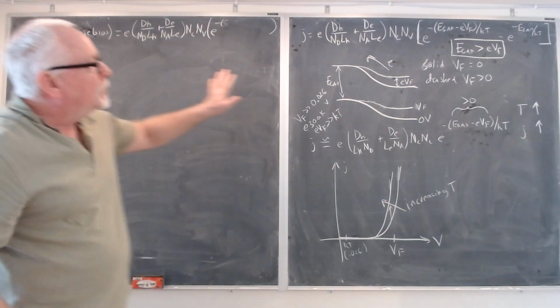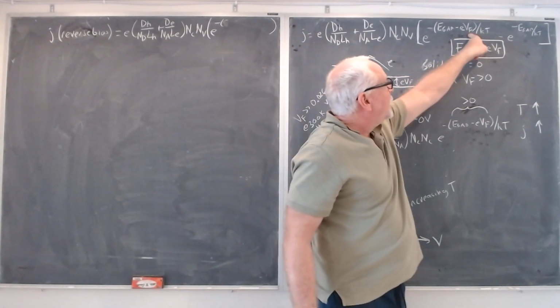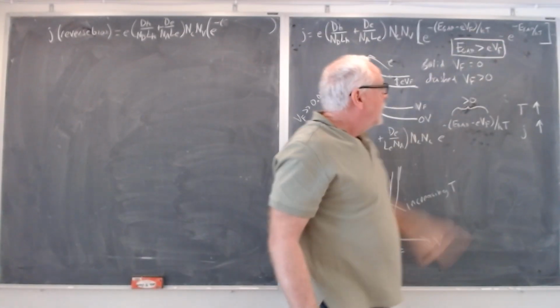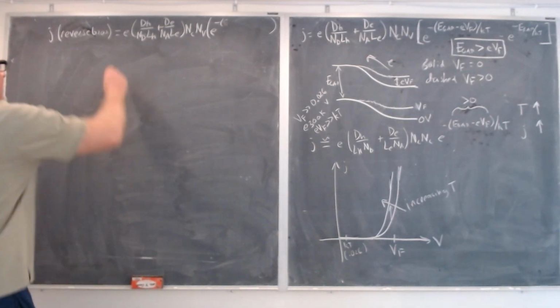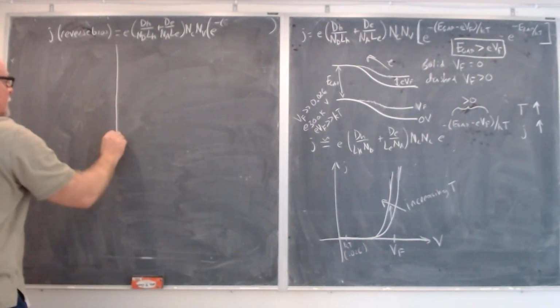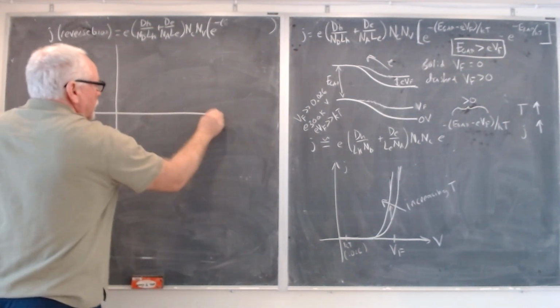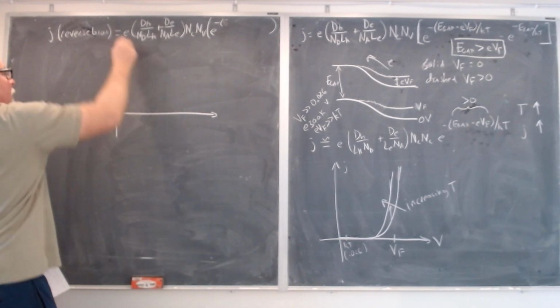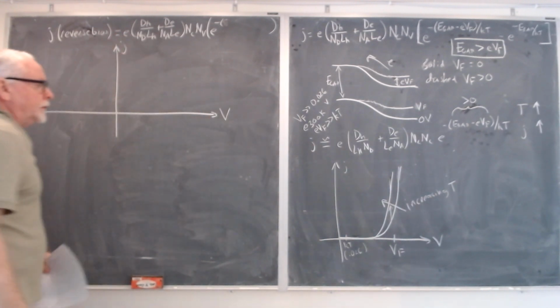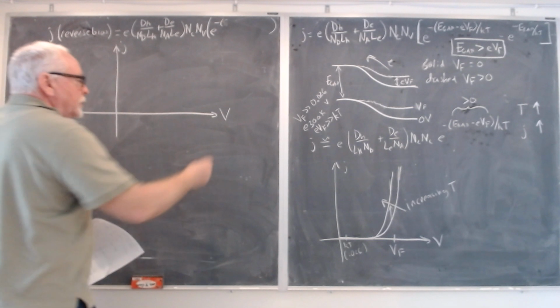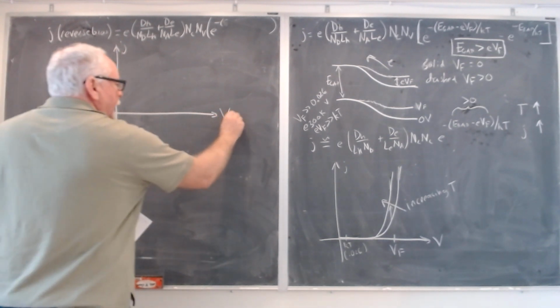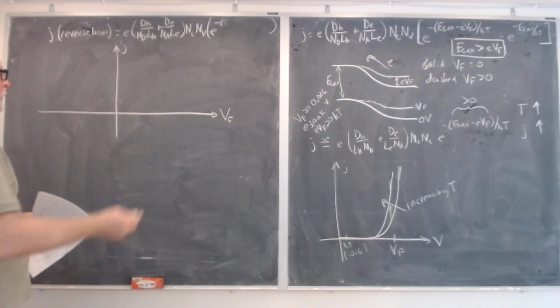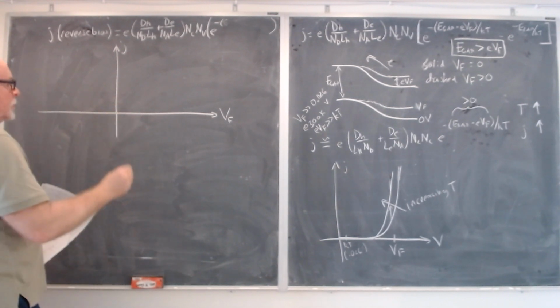Getting back to this, the point is that if you plug in minus V, the formula works. I'll write it as VF because reverse bias would be minus VF. Of course, it goes through 0.